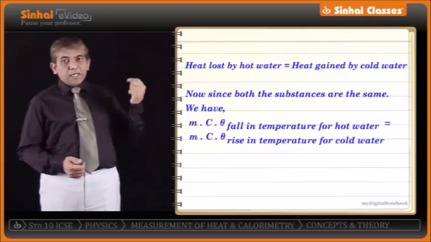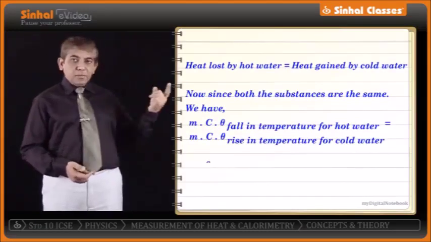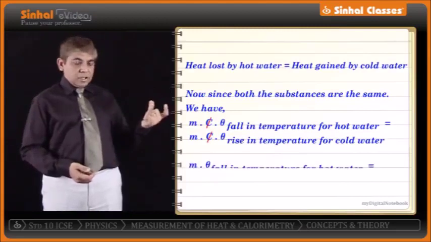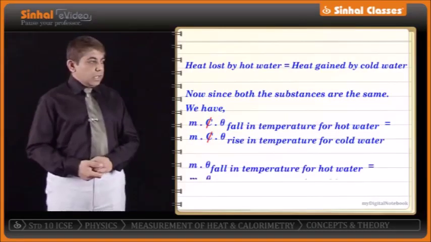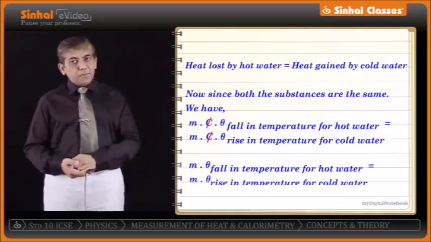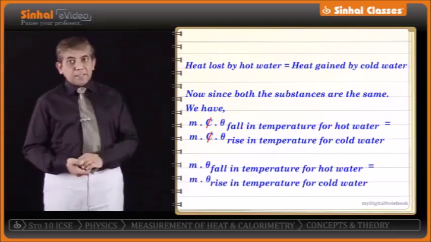Since both the specific heat capacities are the same, the substance being the same, we can cancel C from both sides, leaving the relation: mass into fall in temperature of hot water is equal to mass into rise in temperature for cold water. So this is the first case.